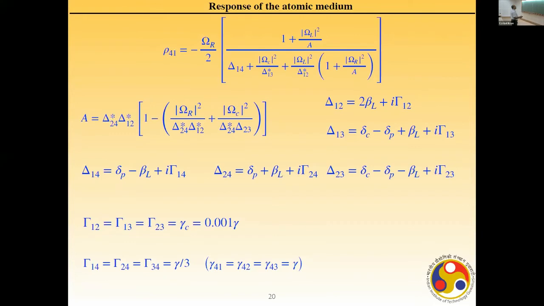Here we have done a perturbative calculation and obtained the coherence 4-1, and you can see that this 4-1 is quadratically dependent on the control beam as well as quadratically dependent upon the other two components.